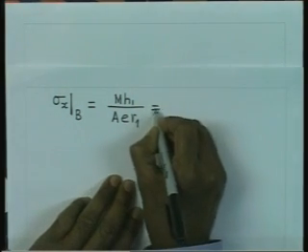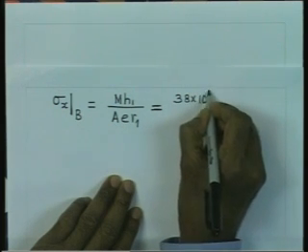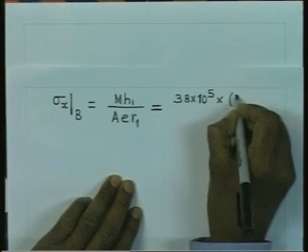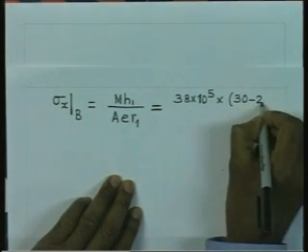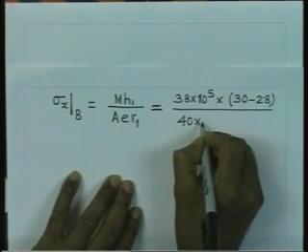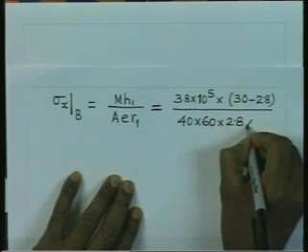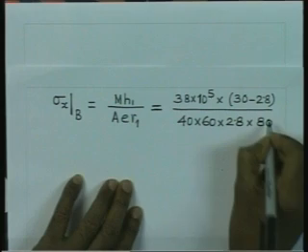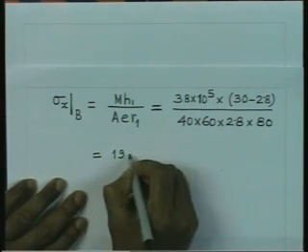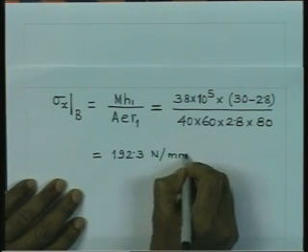So substitute the values now: 38 into 10 to the power 5, h1 is nothing but 30 minus 2.8, this is 40 into 60, 2.8, and R1 is nothing but 80. So if we calculate this, it is 192.3 Newton per millimeter square.